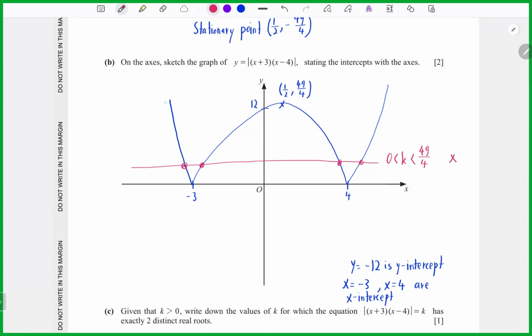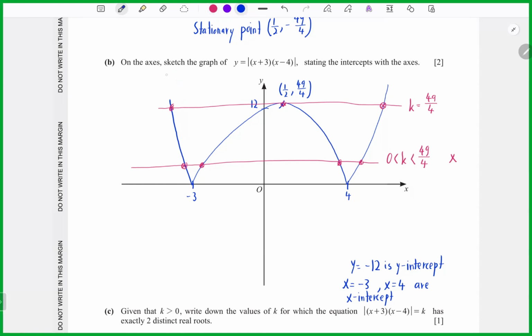And then you can try to draw the straight lines on this graph. When k equals 49 over 4, you see how many? 3 distinct roots, right? Still cannot accept.